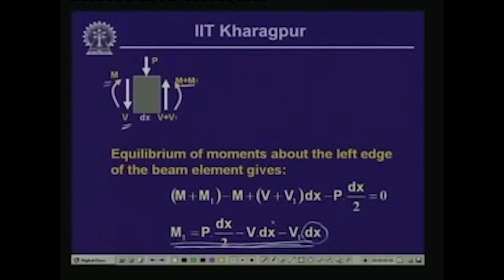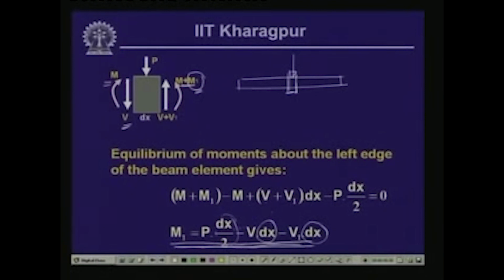Since the quantities are multiplied by this small value dx, the value of M1 is significantly small in comparison to M. Hence, at a location in a beam where there is a concentrated load, if we evaluate the bending moment on the left and on the right of the load, we find the change is very insignificant and can be neglected. So at the point of the concentrated load, the variation of the bending moment between the left side and the right side of the load is absolutely small and can be neglected.